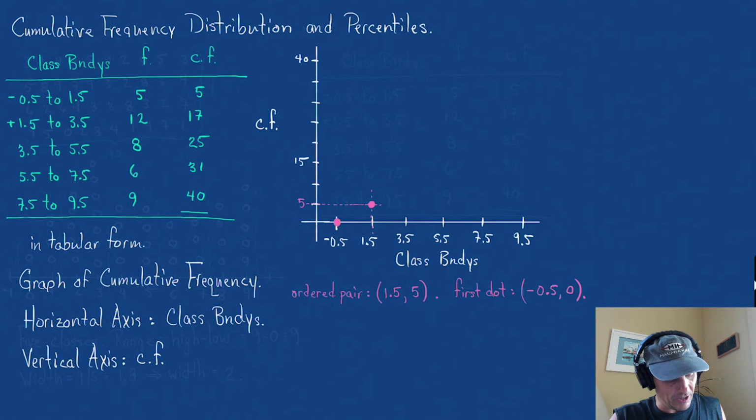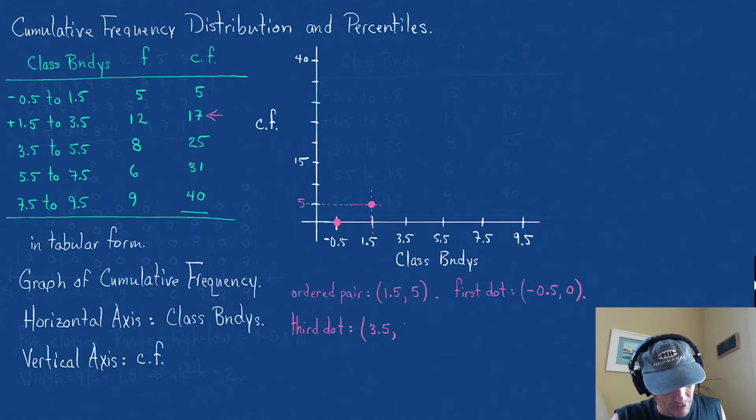And so our third dot, let's take a look at our third dot. So our third dot is going to have a position now of 3.5, but now we're thinking cumulative frequency. So by the time we get to 3.5, we've accounted now for 17 data values. That's what we're using this third column in our table for.